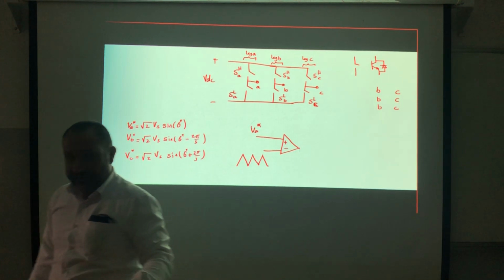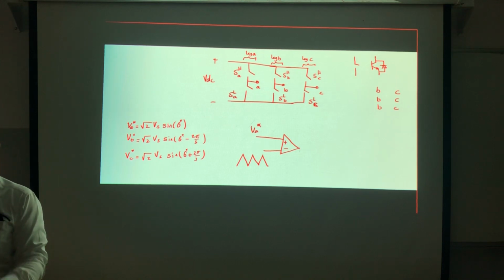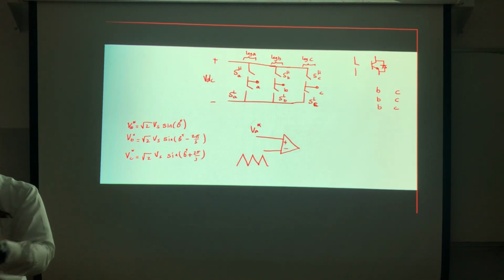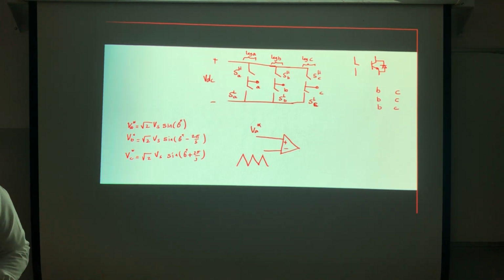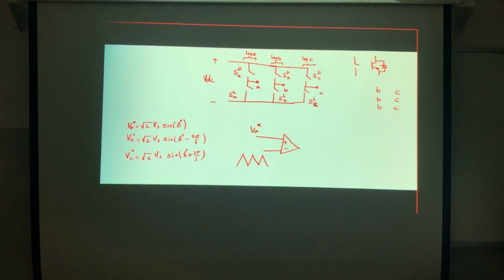In the DC drive system, at steady state, VC will be constant. Here, at steady state, VA will be alternating. It's an AC signal, it has magnitude and angle. So I will compare the reference with a triangular carrier.